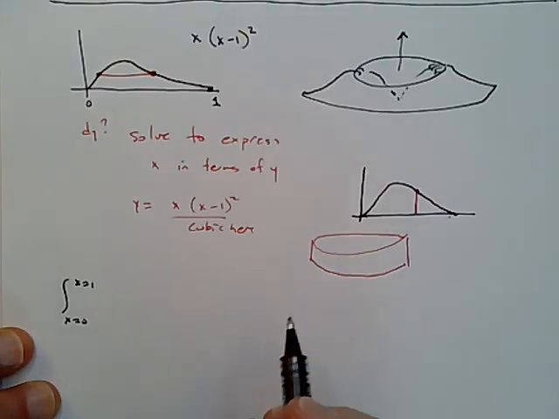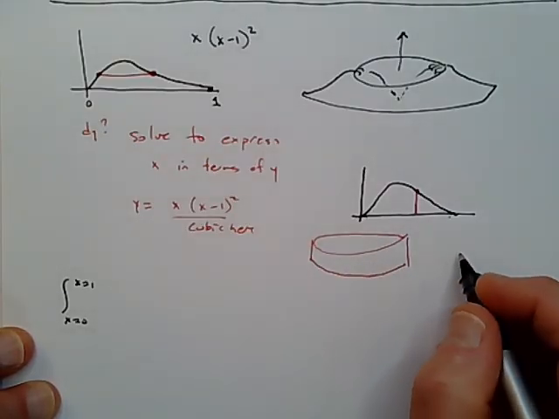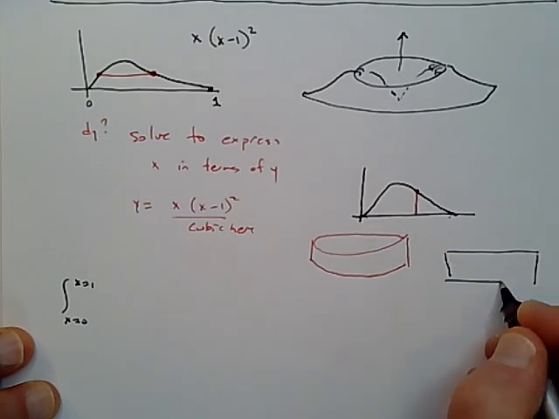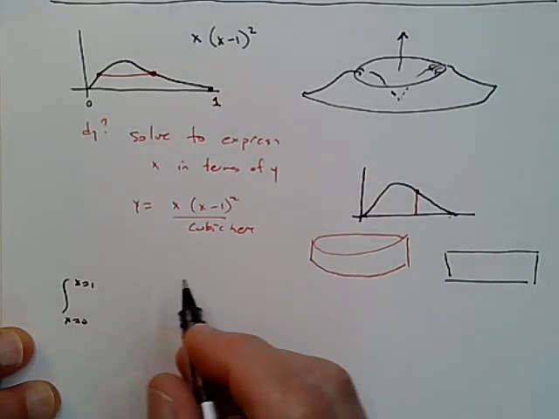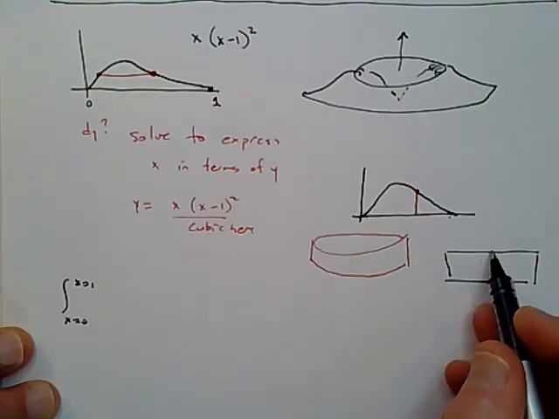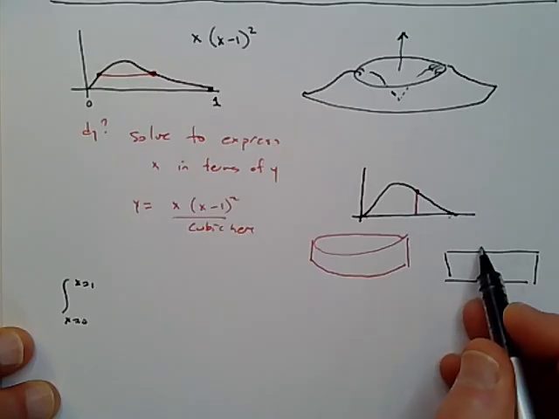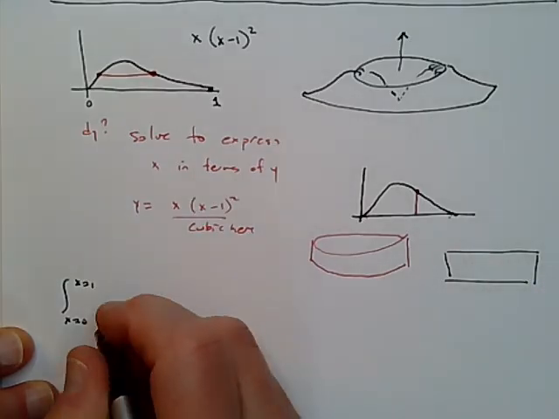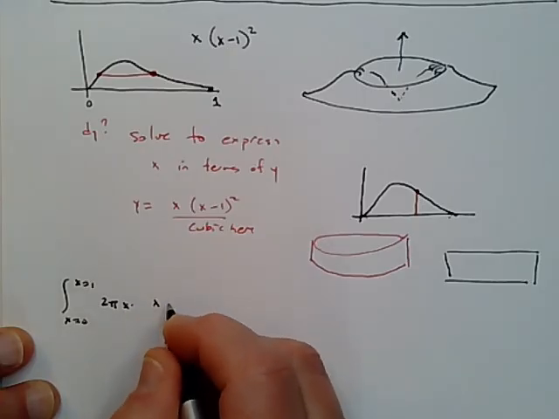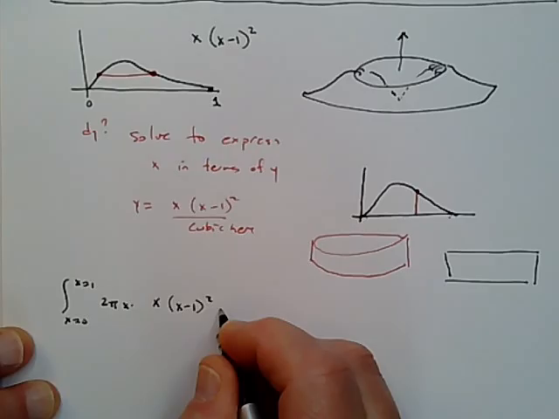If I cut that shell out and laid it flat, it would be x times x minus 1 quantity squared tall. It would be 2 pi times x long, and it would be dx thick. So 2 pi x times x minus 1 squared, and then times dx.